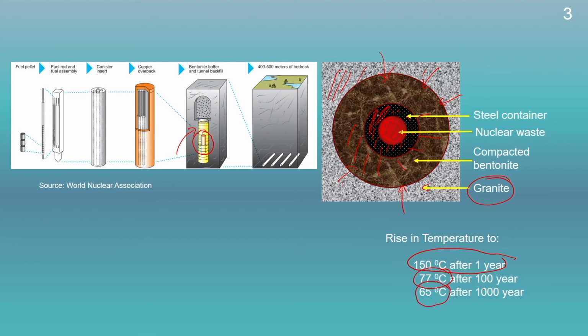Therefore, when the bentonite or the expansive soil comes in contact with this heat, the properties of the bentonite get changed. The bentonite, which is very expansive in the initial stage, may not have the same expansiveness in the presence of this temperature. Therefore, it is quite essential to learn the impact of temperature on any expansive soil.